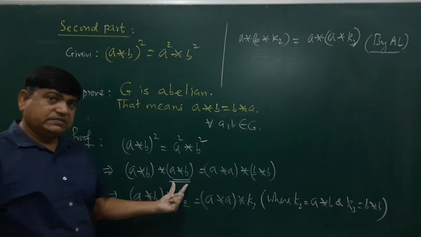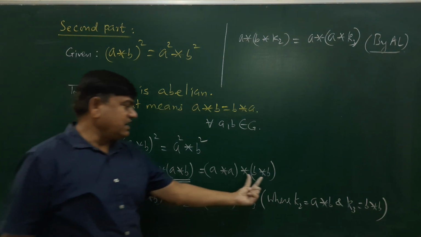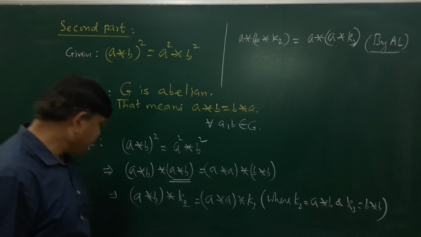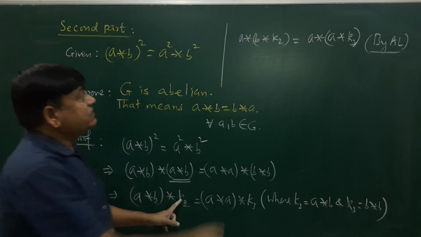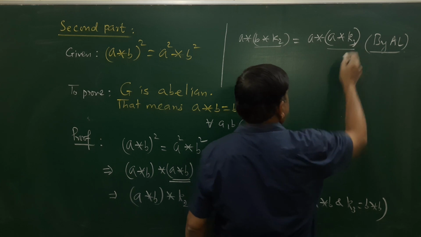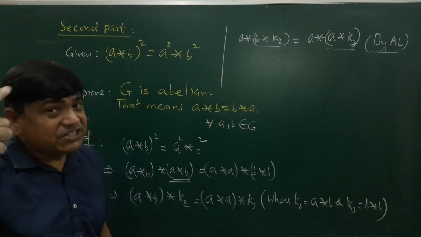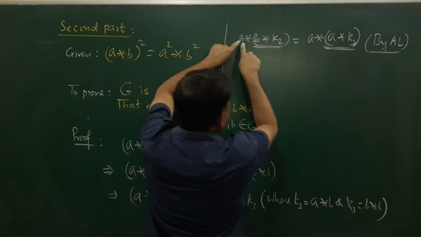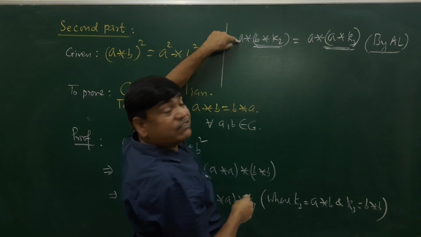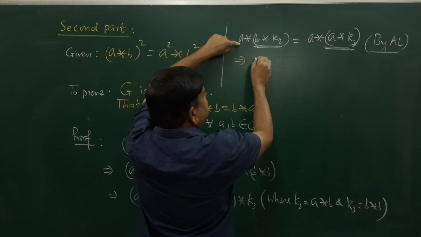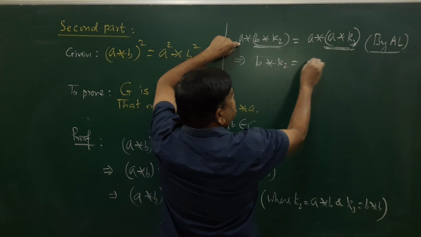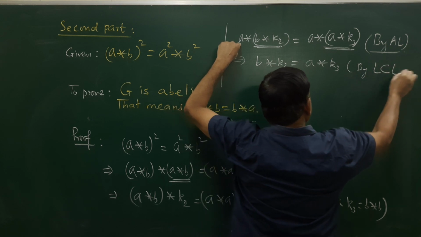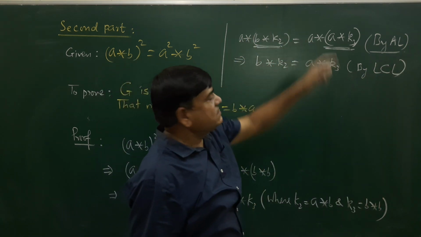Look at this. This I have assumed K2, this I have assumed K3. So we can apply the associative law. I have already told you. So this is composed with this and this is composed with this. Recall, कुछ याद आ रहा है? Here it is A, single side. Here it is A, it is also A. We can cancel left side. So this implies, by left cancellation law, this A and A is cancelled out.